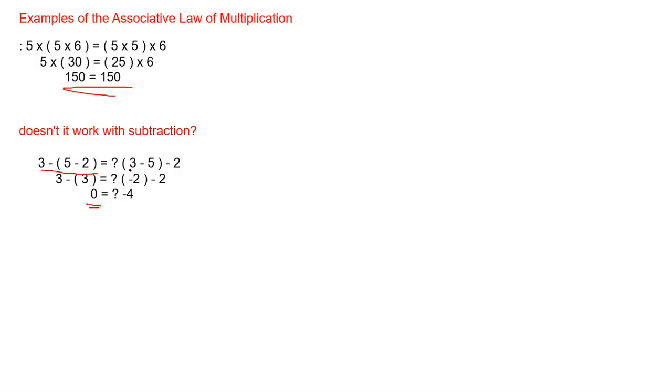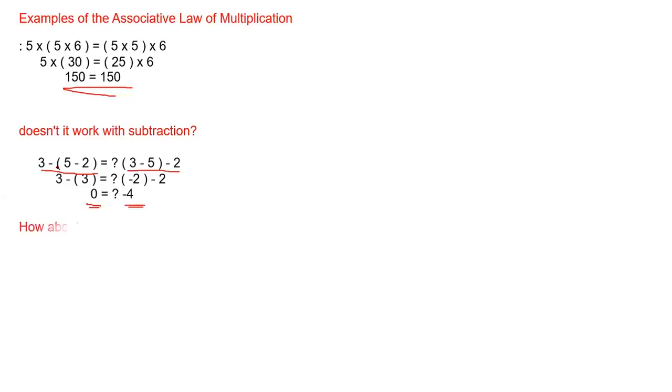When you work out the operations this side by just moving the parentheses, you get your answer to be -4. So since the answers are not the same, it simply means that subtraction is not associative.